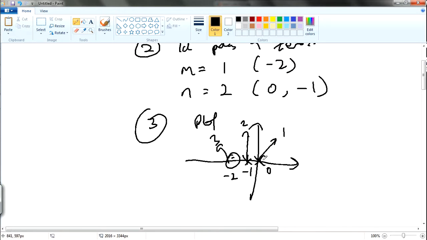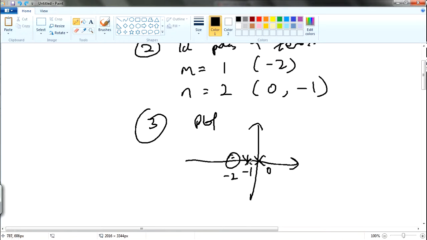We just name them 1, 2, 3. So the odd numbers here are singularities, and therefore, to the right shouldn't be in the locus.